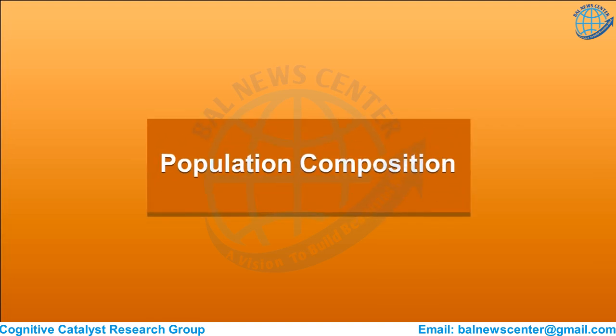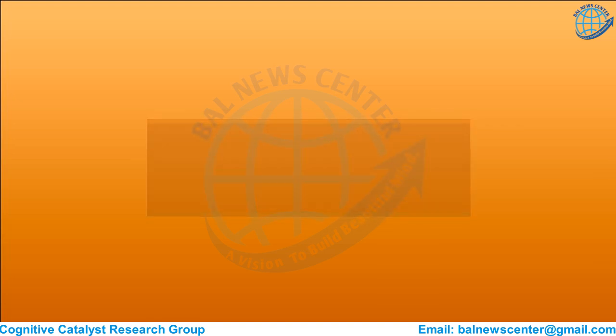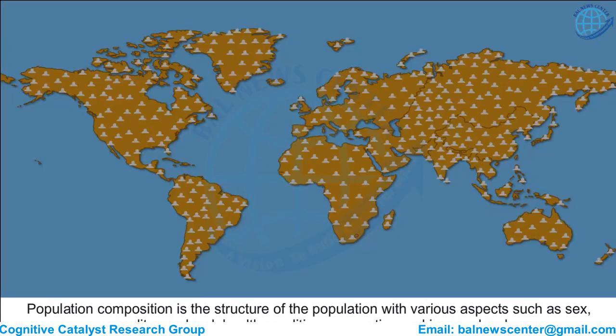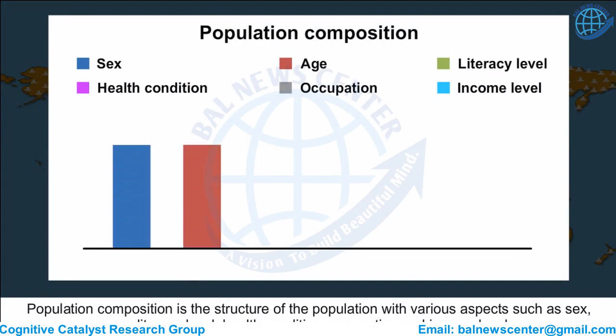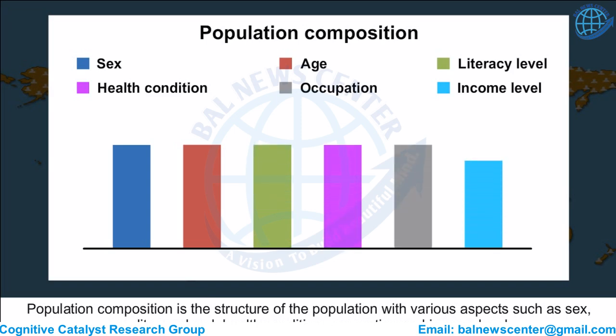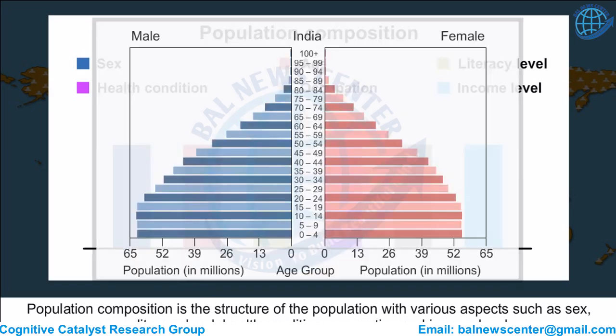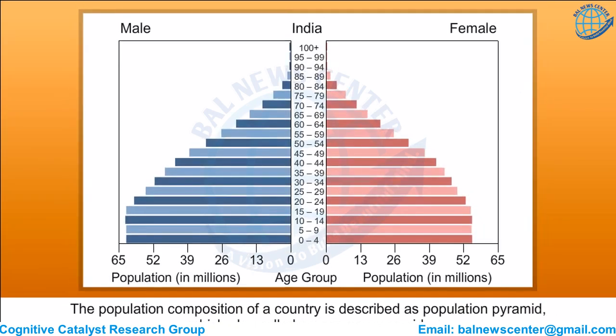Population composition. Population composition is the structure of the population with various aspects such as sex, age, literacy level, health condition, occupation, and income level. The population composition of a country is described as a population pyramid, which is also called an age-sex pyramid.